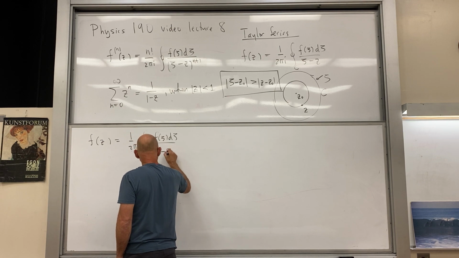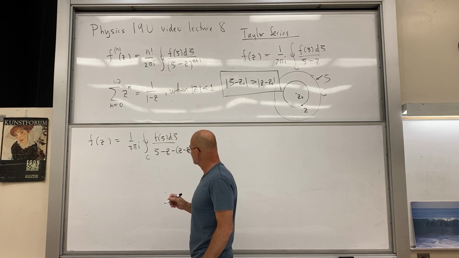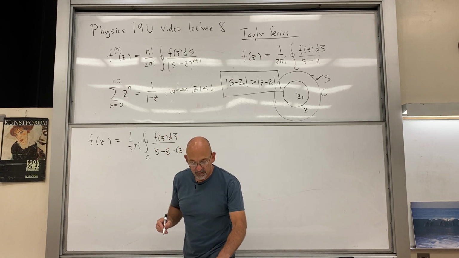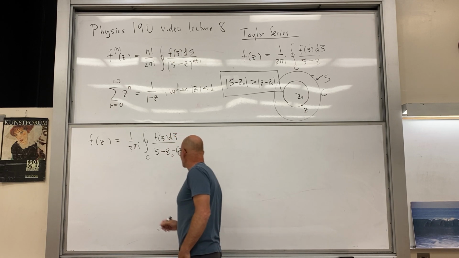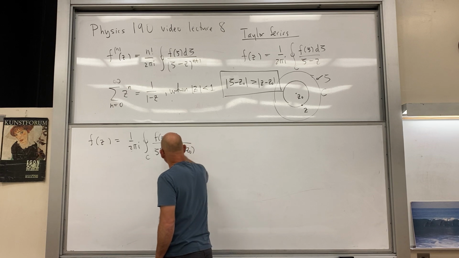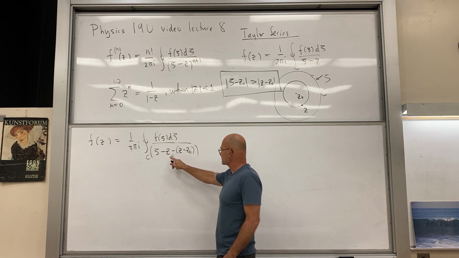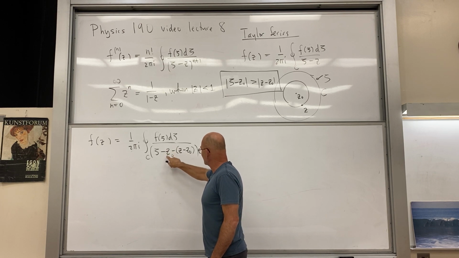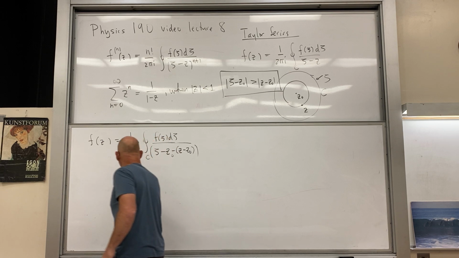Zeta minus z sub 0, minus z minus z sub 0. There we go. So there's our denominator. That's still identically the same thing. The zeta minus z and the z sub 0's cancel here. But now we'll factor this out.